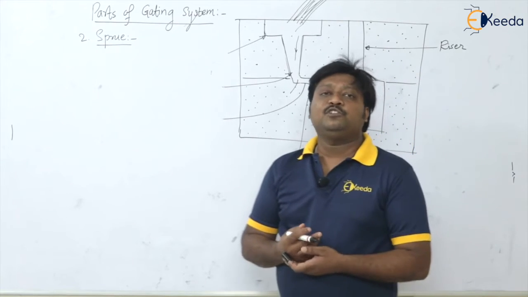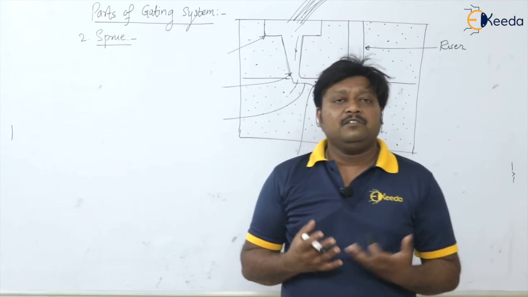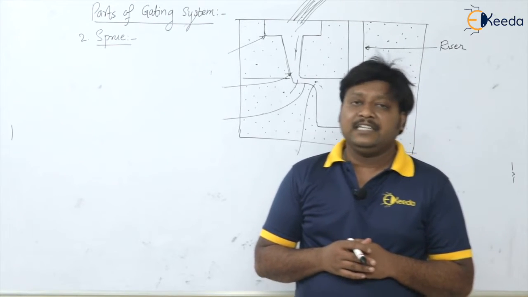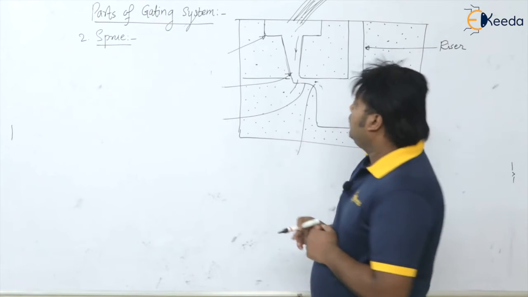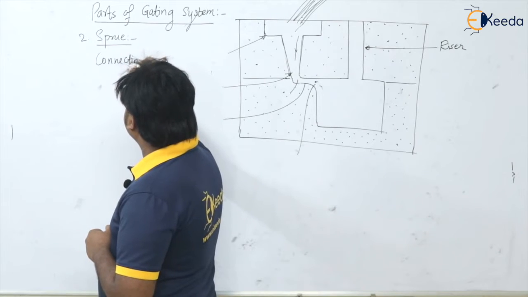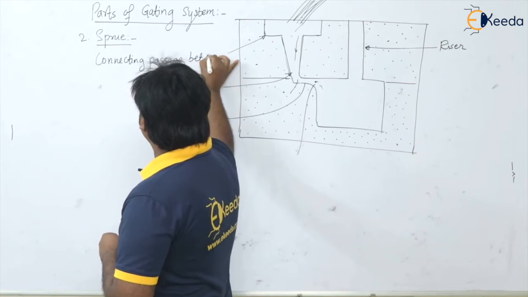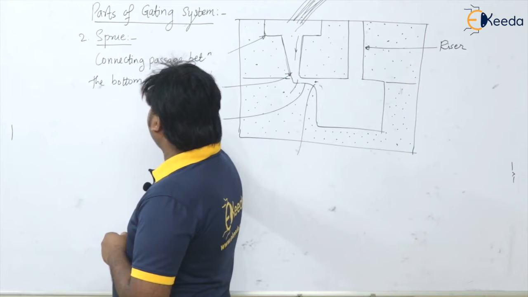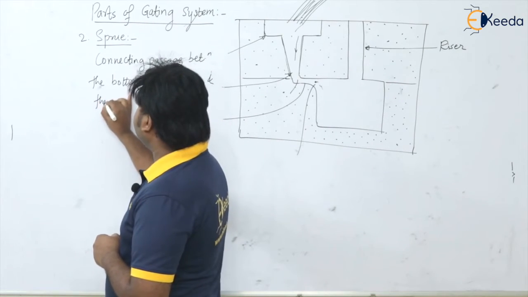And generally the shape of the sprue is the tapered one, with a circular cross section, so that air aspiration can be neglected. That is the reason why we are having the tapered sprue. So this is the connecting passage between the bottom of the basin and the runner.